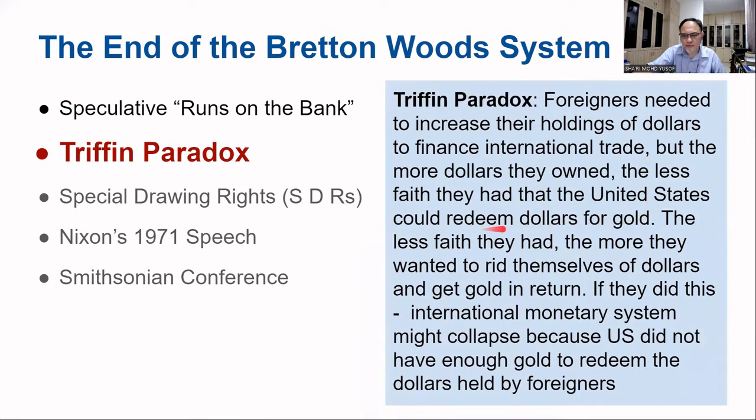So the less faith they had, the more they wanted to get rid of dollars and get gold in return. If they did this, the whole international monetary system might collapse, because until today, the US does not have enough gold to redeem the dollars held by foreigners. So this is the Triffin paradox.